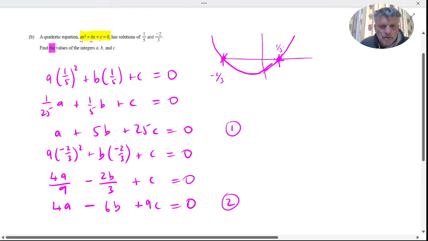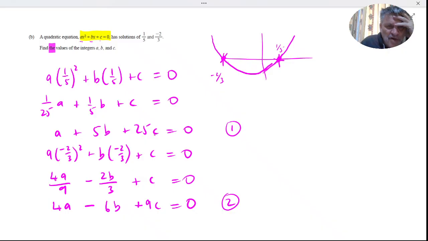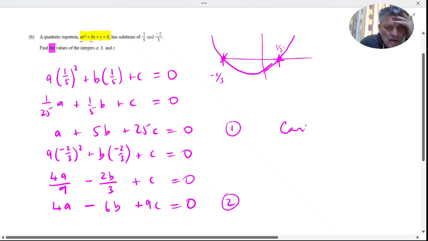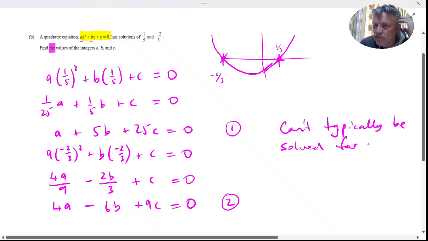We've got equation 2. And all we've got is 2 equations with 3 unknowns. And you can't typically solve that for unique values of A, B, and C.